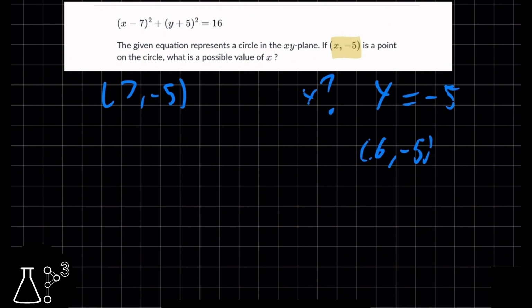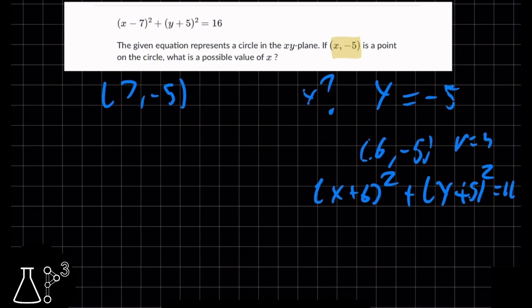We will have (x plus 6) squared plus (y plus 5) squared, which equals the radius squared, but we don't have a radius. So let's say the radius equals 4, we will have 16. I messed up here, sorry. This will be negative, right? So that's why you already know that's the center.